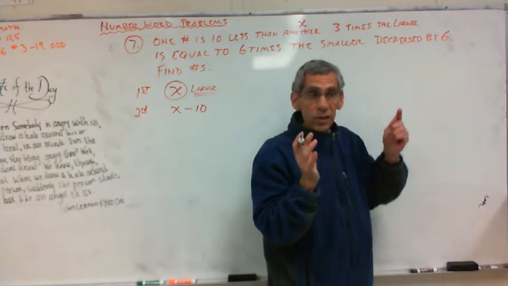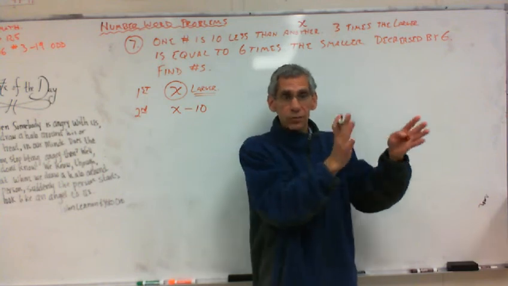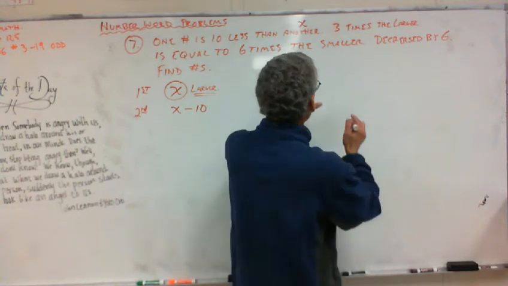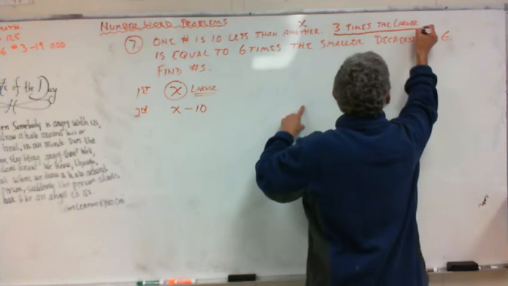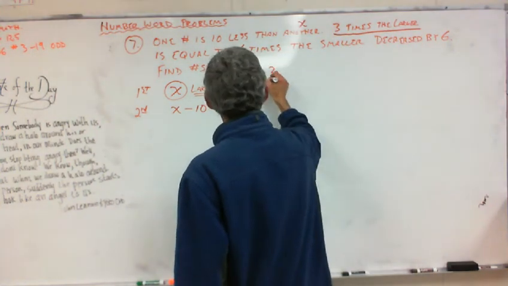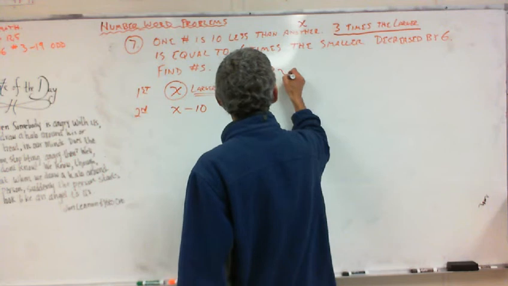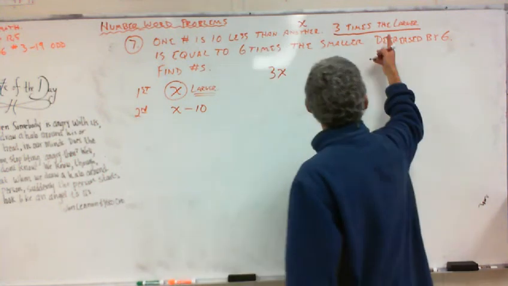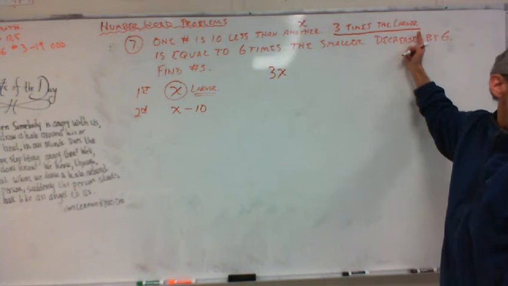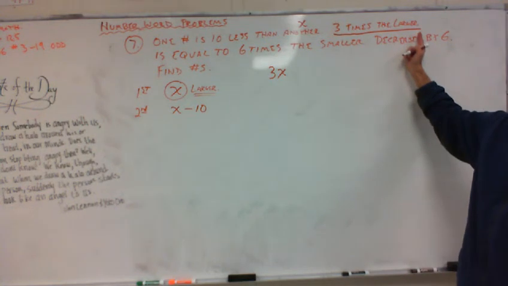Every word stands for something, and it's in the proper order for writing it out. It says 3 times the larger. How do I do that? 3 times x, the larger is x. 3 times x is the same as 3x. I've just underlined that, and I really recommend you underline these, because then you will not leave something out.